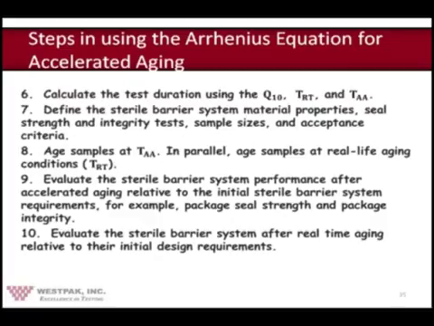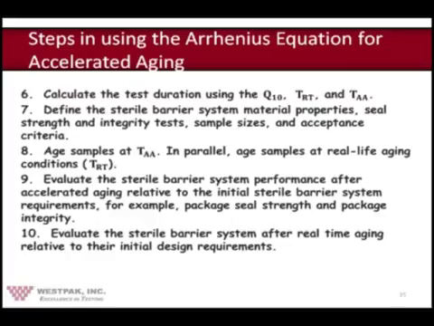Then you age your samples at your accelerated temperature, and in parallel, you start your real-time aging test, T sub RT. You evaluate the sterile barrier performance after the accelerated aging against the initial sterile barrier requirements. For example, like I said, seal strength, package integrity, a number of different requirements.